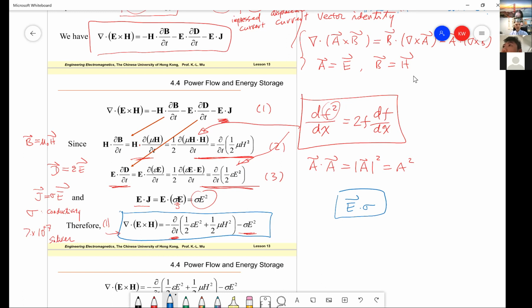If someone asks you, what is an electromagnetic field? Think about this question. If somebody asks, hey, you learned electromagnetic waves, tell me what is an electromagnetic field?